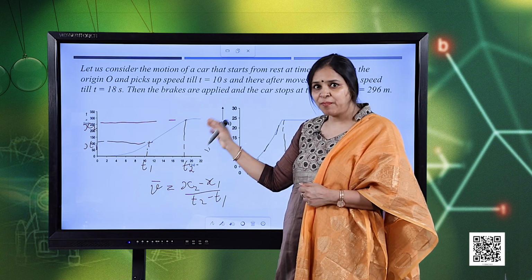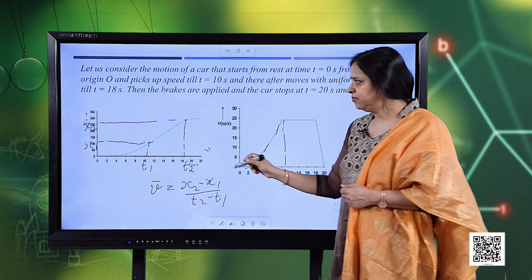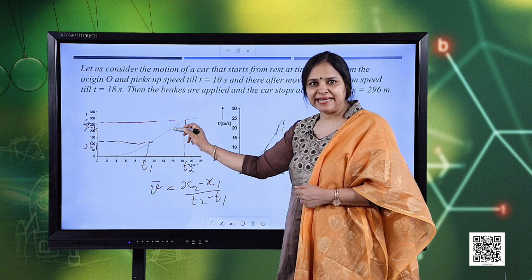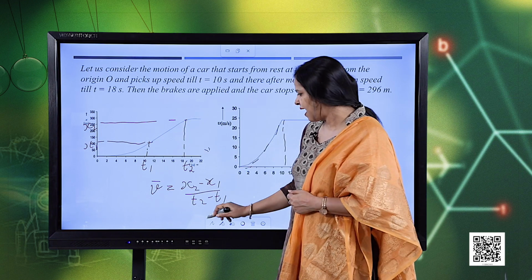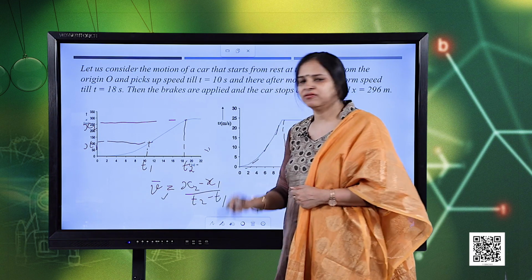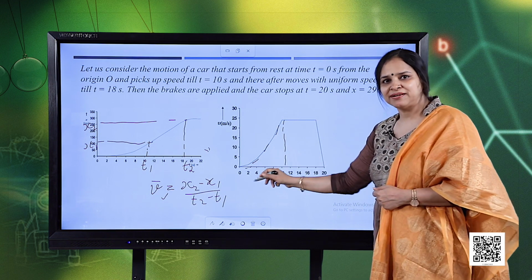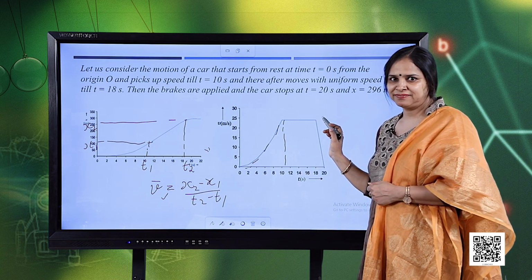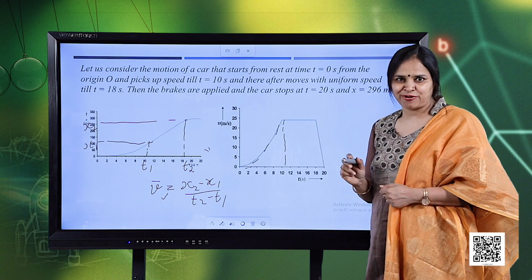It is important to notice here that if the velocity is uniform, then the velocity at each instant, found by the slope, will be the same as the average velocity, and that is how we get a straight line parallel to the time axis. So, this was in the region where the velocity is uniform.